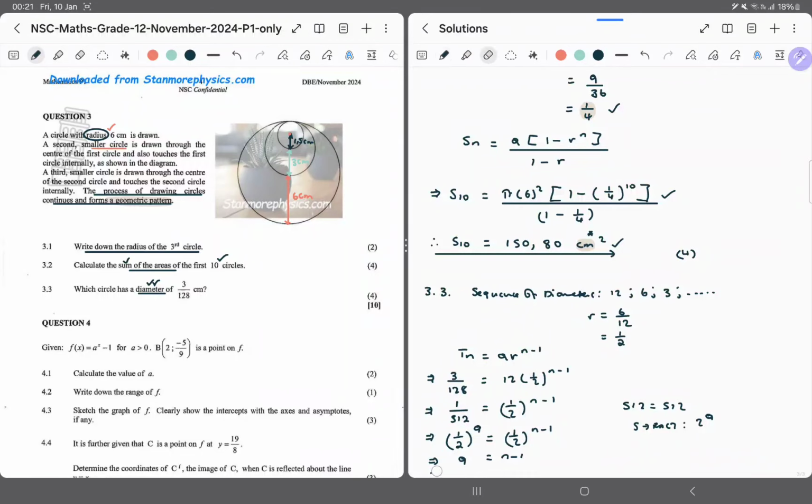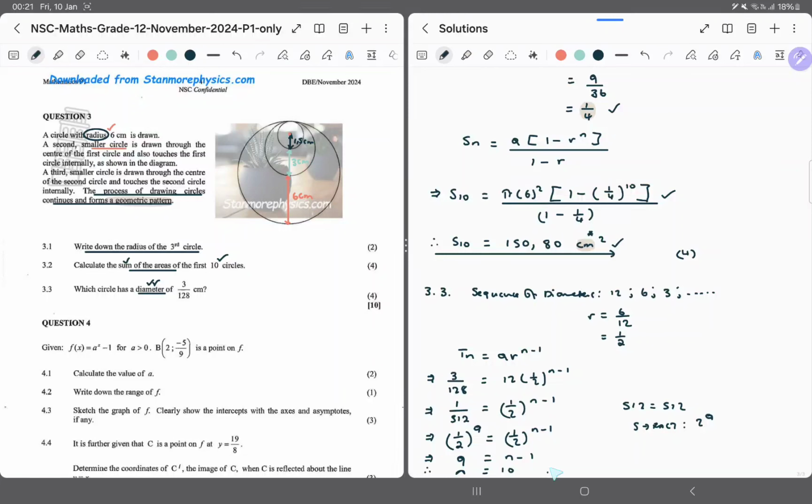Okay, so I performed some crimes here. So this means 9 is equal to n minus 1. Therefore n is equal to 10. But remember, that's not the question. Of course, this is the 10th circle, because the 10th diameter is going to be the 10th circle.